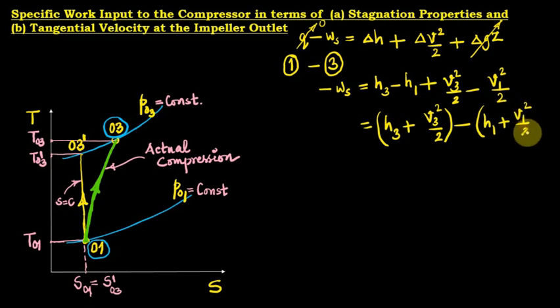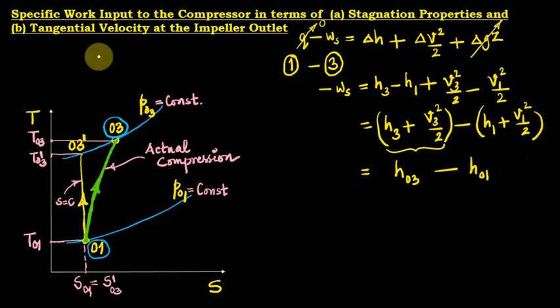Therefore, H3 plus V3 square by 2, by definition, is H03. And H1 plus V1 square by 2, by definition, is H01.